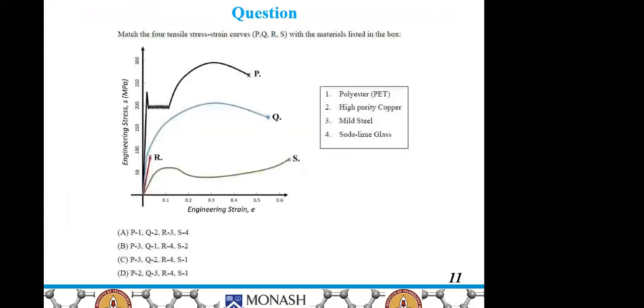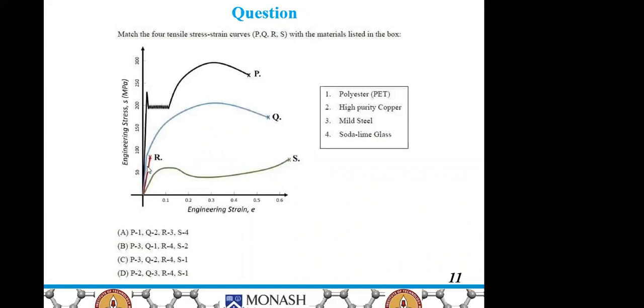Now this is a question on stress strain curves. We have four stress strain curves, and correspondingly four materials. P corresponds to mild steel, as we have discussed in most of our presentation, and Q corresponds to copper, because in high purity copper we don't have any yield point phenomenon.